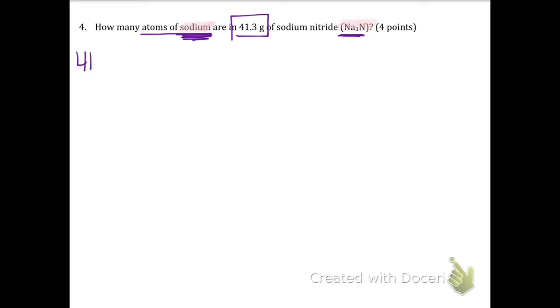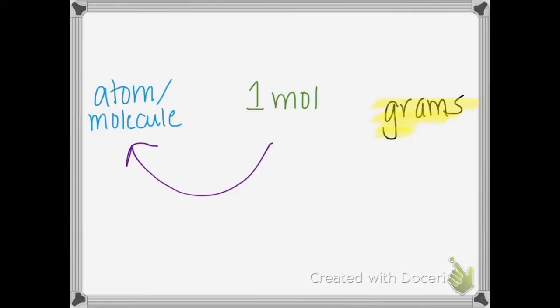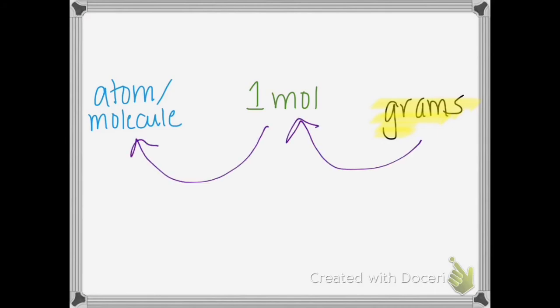Okay, so let's start with the number that is given to us, 41.3 grams. Okay, in order for us to go from grams, right, our yellow, to our atoms, which are blue, think about your map here. We need to go from grams to moles, moles to our molecule, then to atoms.